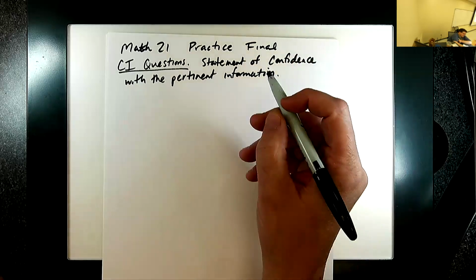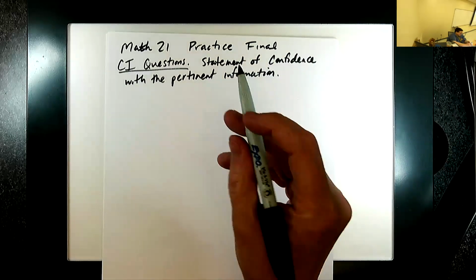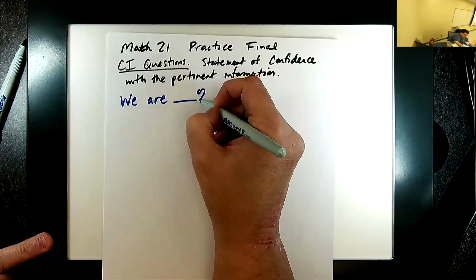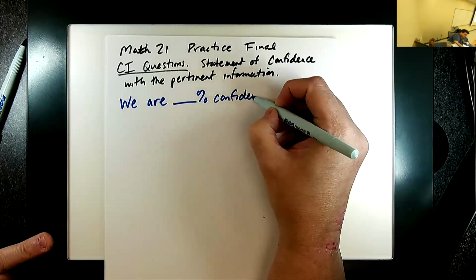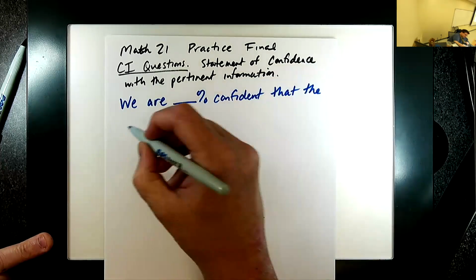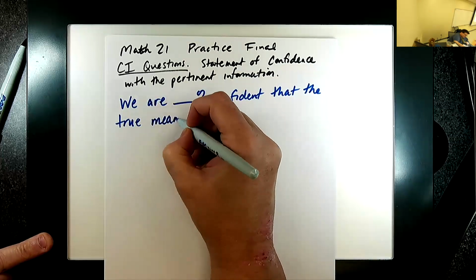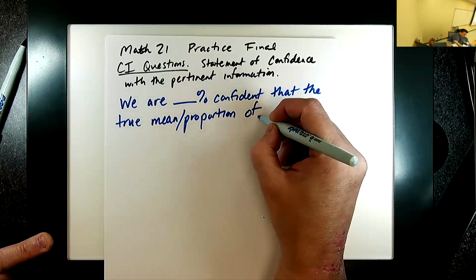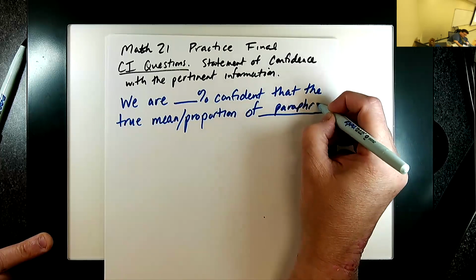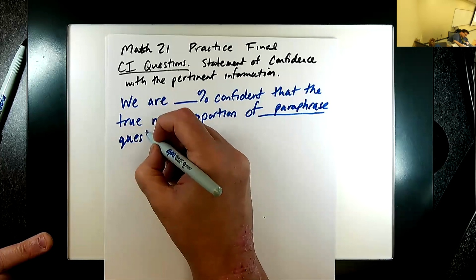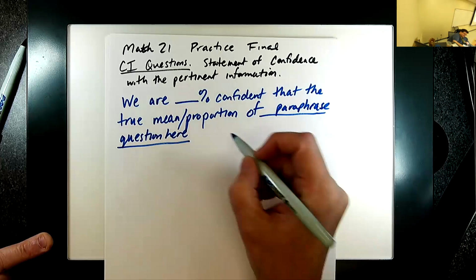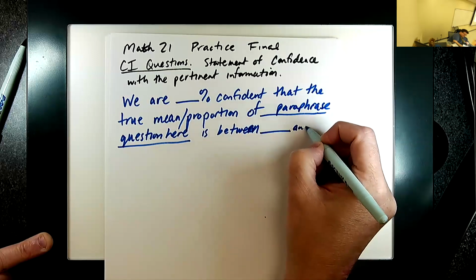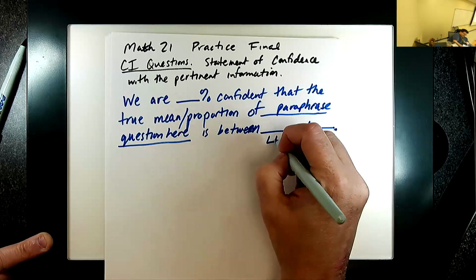We'll walk through some examples in a second, but a general form of this is: we are blank percent confident that the true mean or proportion, it's going to be one of those two, of paraphrase question here, is between blank and blank, where that is our lower limit and that is our upper limit.